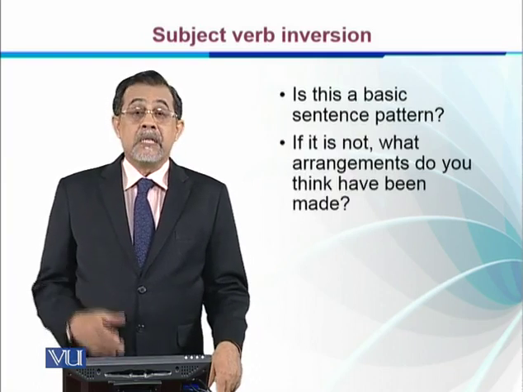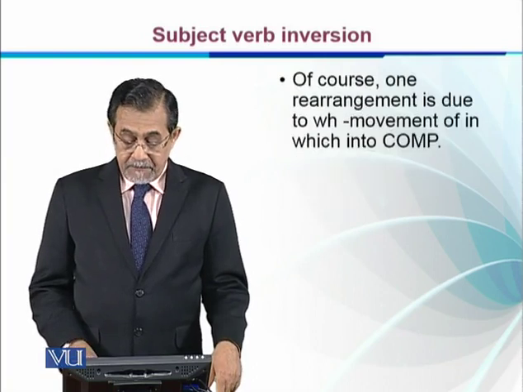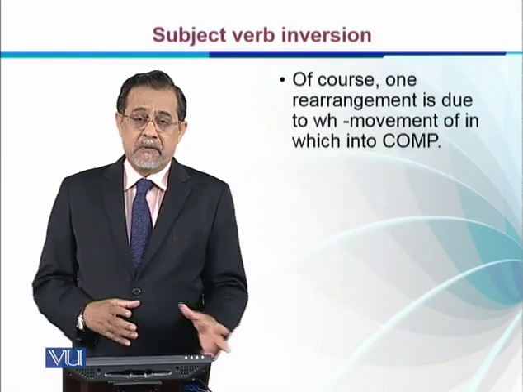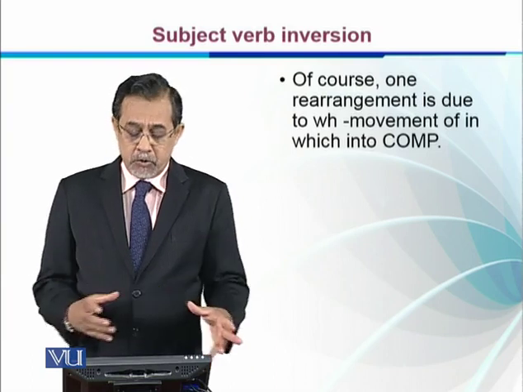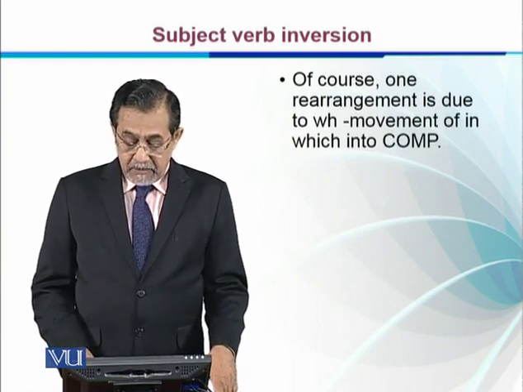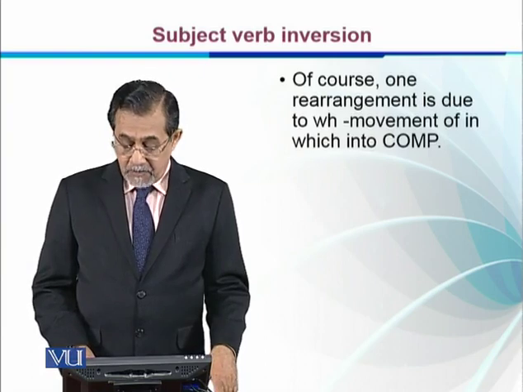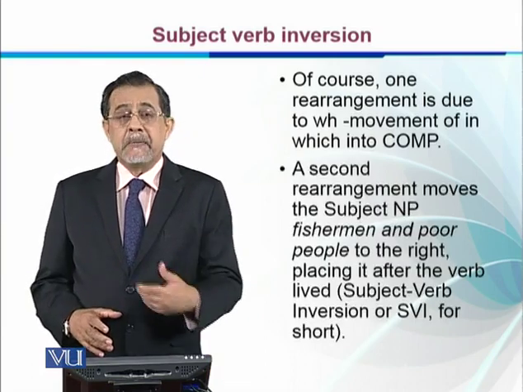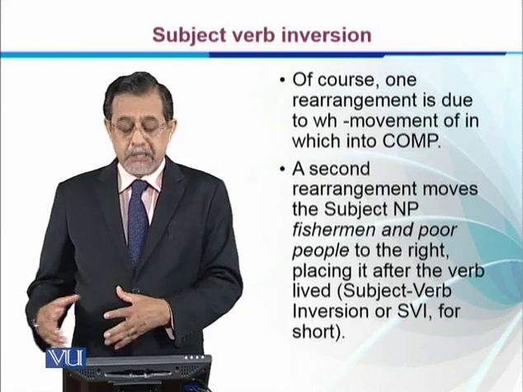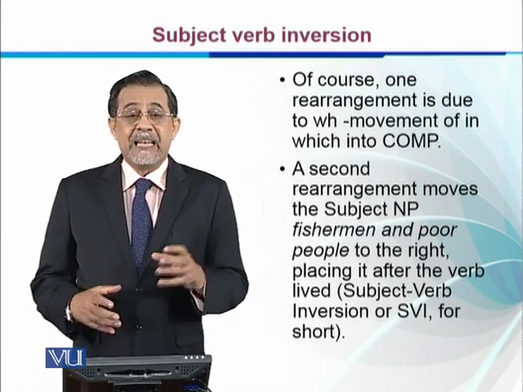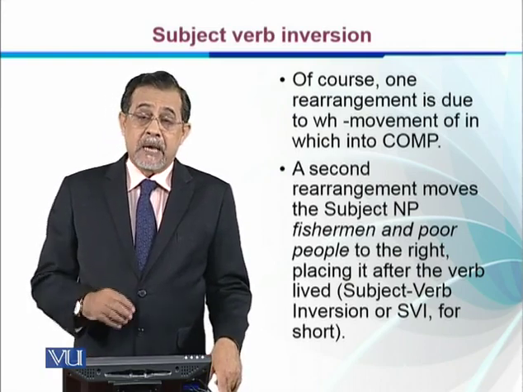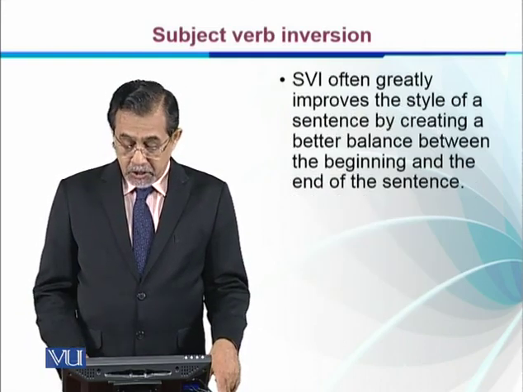What arrangements do we think have been made? Of course one arrangement is due to WH movement, which moved the phrase from its place to the initial position, the complementizer. A secondary arrangement moves the subject NP, fishermen and poor people, to the right, placing it after the verb lived, right? So this is SVI, subject-verb inversion for short.